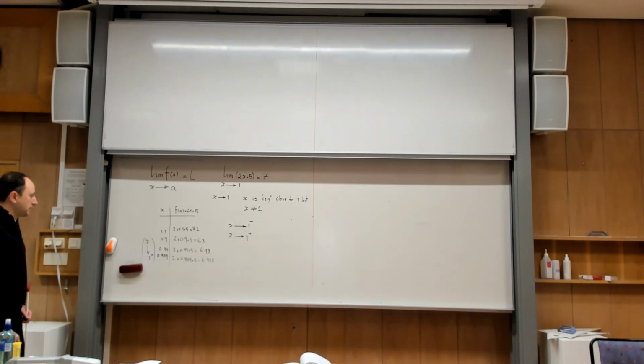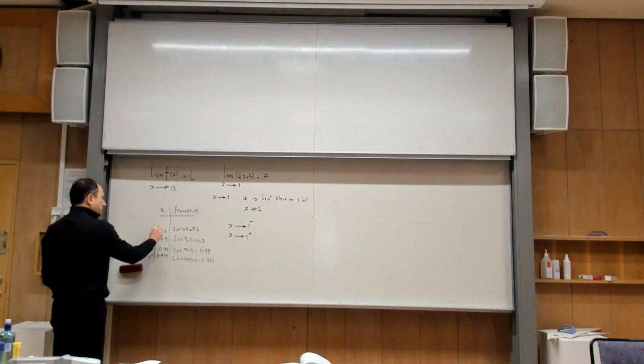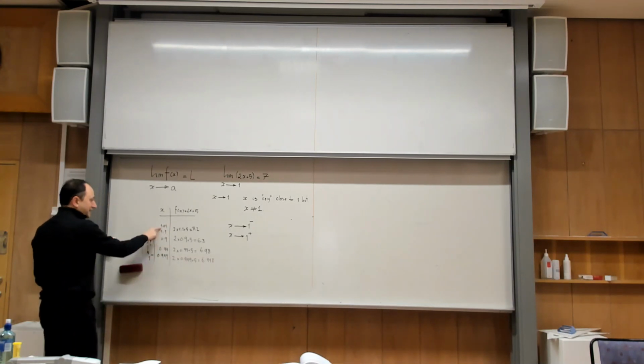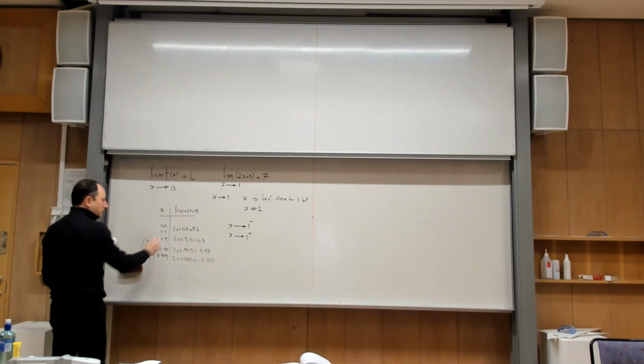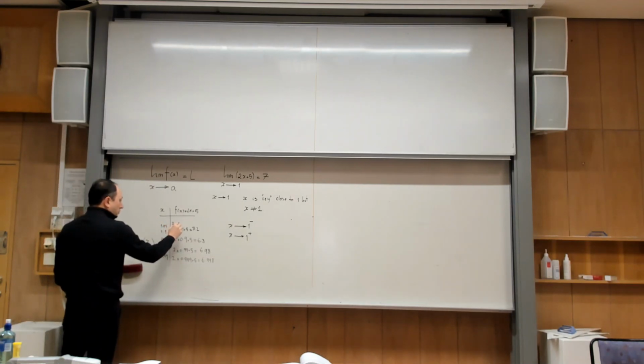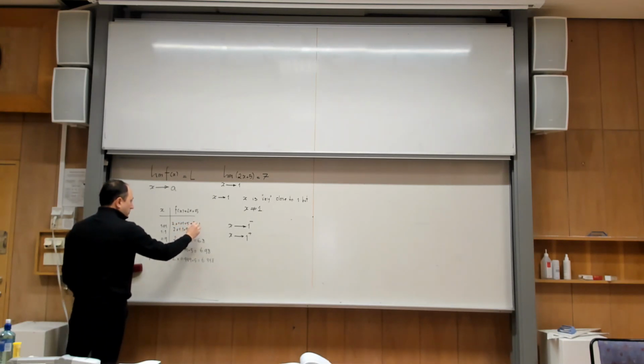And then if I make it even closer, but still higher values, it becomes 1.01, for example. Still I am above 1, but I am closer than the previous step. So then it becomes 2 times 1.01 plus 5, and if you calculate that, it becomes 7.02.